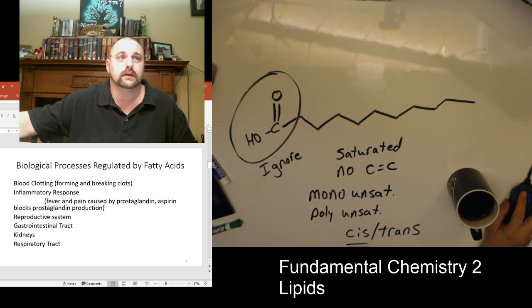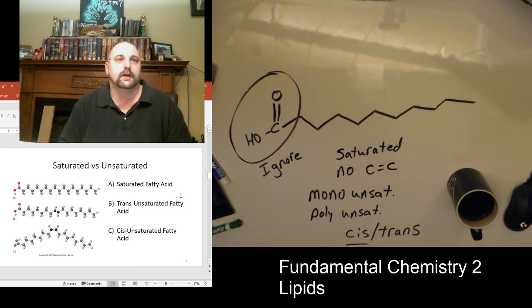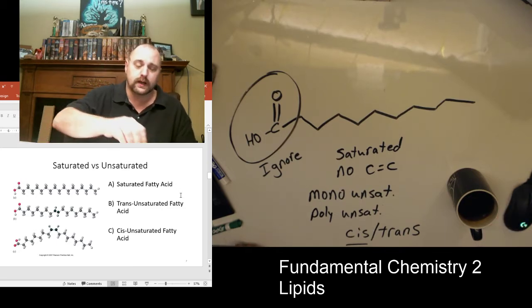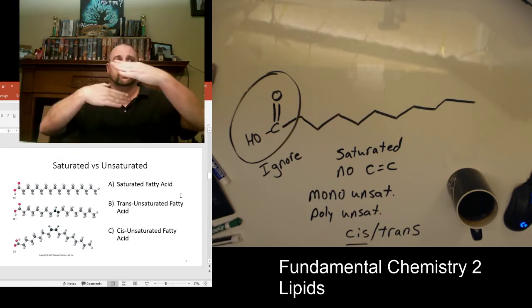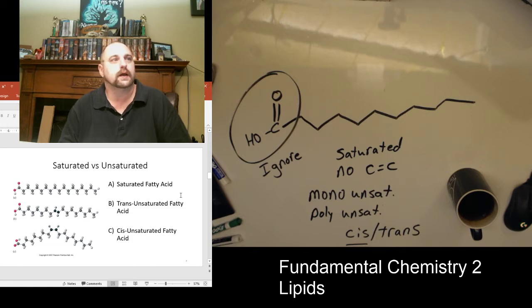So let me click here. We'll skip; I'll let you read the biological processes in the book. But okay, here's our saturated fats. They line up, and what's great about those is they can line up close to each other, so one can pack in right up against the next, really nice and tight, and so they tend to be solids.